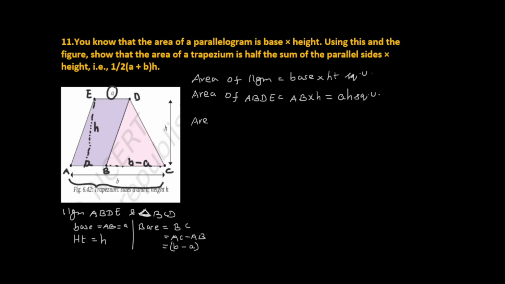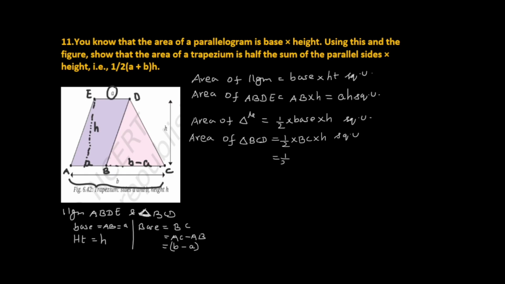Now area of triangle is equal to half into base into height square units. So required triangle, area of triangle BCD is equal to half into base BC into height. So we got BC as B minus A, so half into B minus A into H square units.